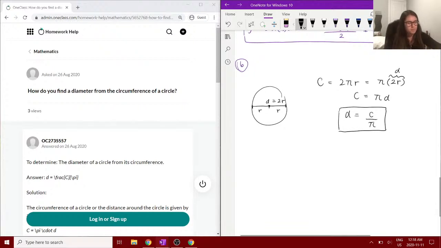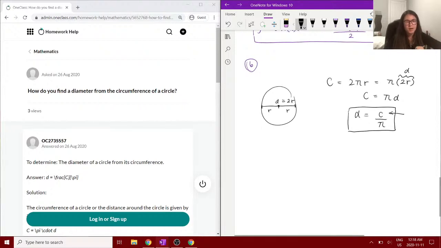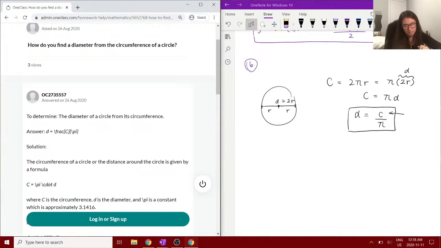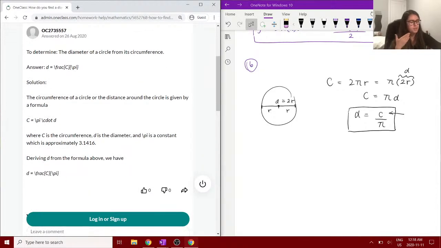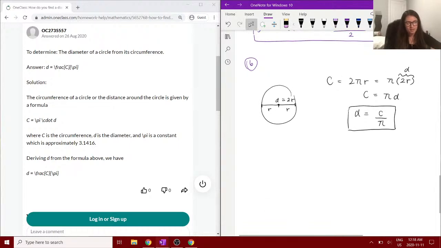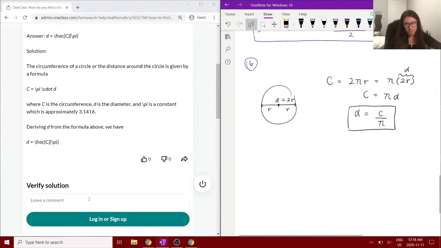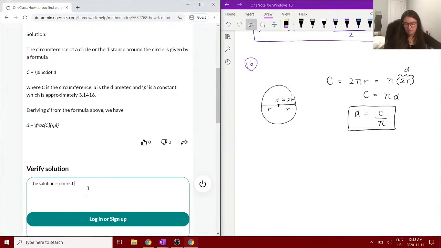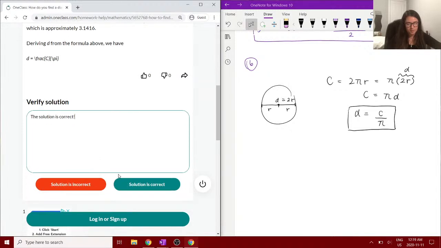So if you're given the circumference, then that's all you need because you divide by pi, which we know is 3.1416, etc. It's a long number, but when you plug it into your calculator, you can find it there. All right, and we are done.